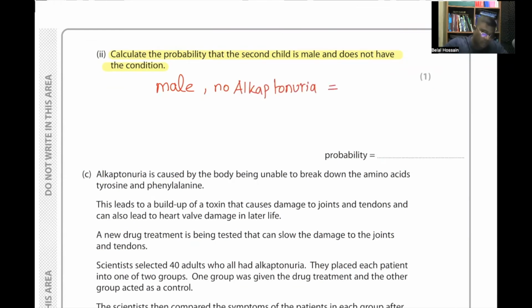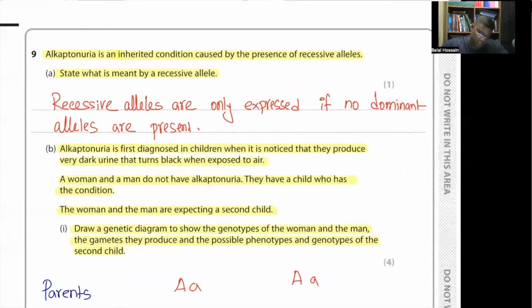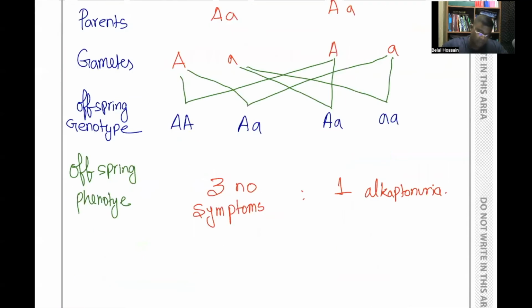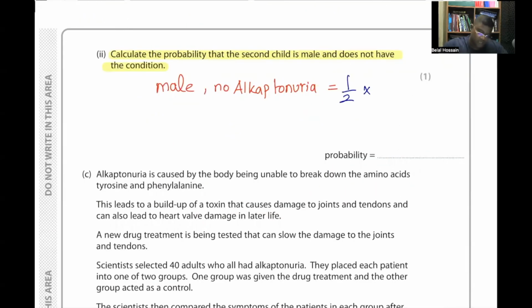First of all, we'll have to understand that 50% of the children that are born are going to be male, so 1/2. And then out of that, 3/4 will have no symptoms. So 0.5 into 0.75. So the probability is 0.375.